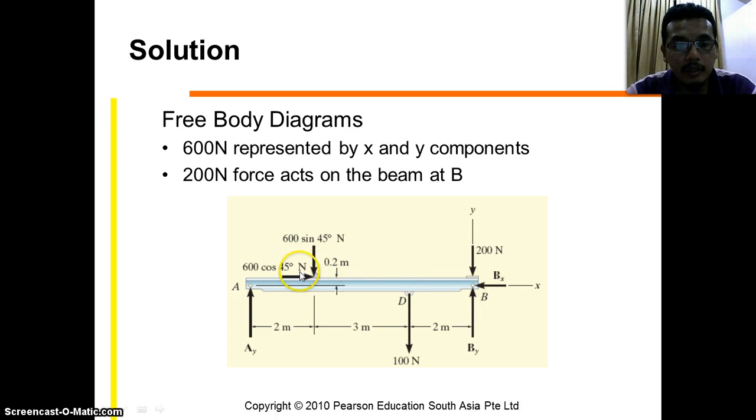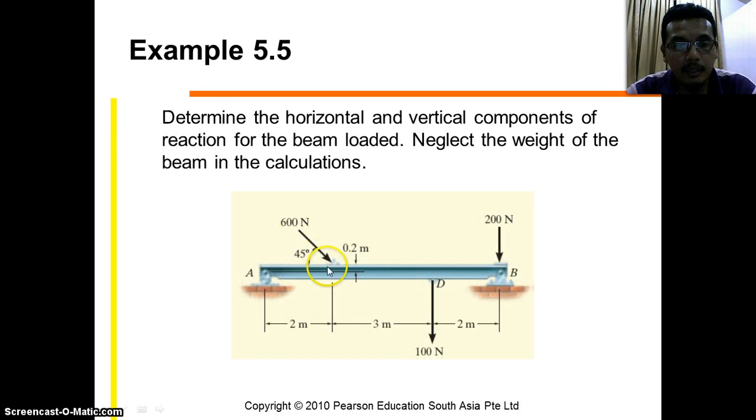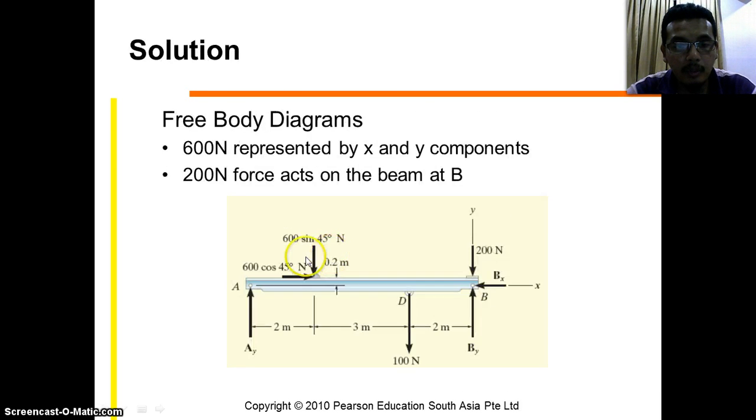The 600 Newton force with an angle we resolve into X and Y components: for Y, 600 sin 45, and for X, 600 cos 45. We also have the 100 Newton force D, and the 200 Newton force added on at beam B.